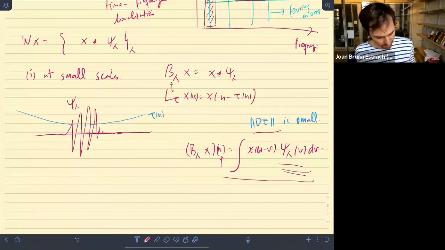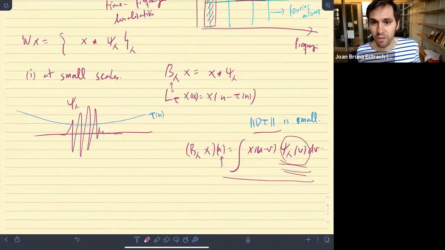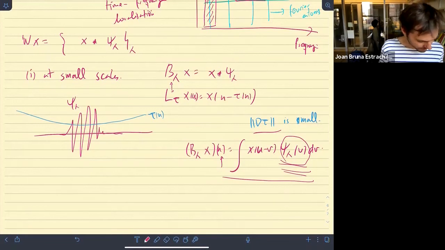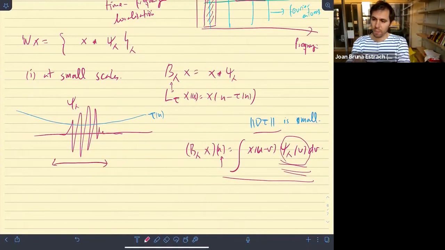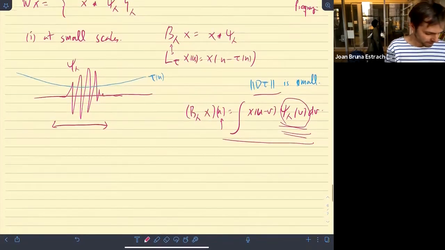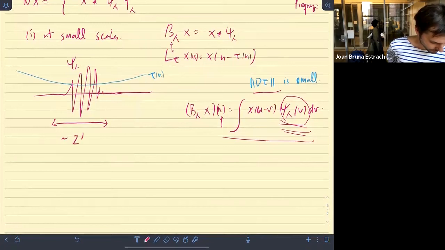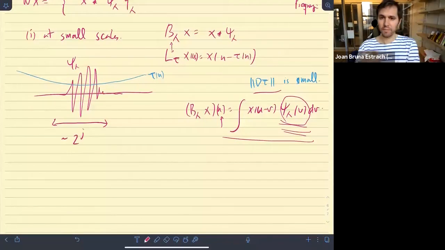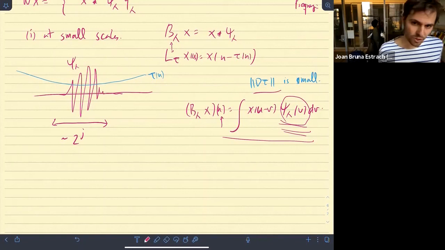Because you can see that this integral, it's only going to matter in the locations where this wavelet has some energy, right? So in that case, all the action happens in this region, right? So what happens in this region, right? And you know that this region, like this interval, is proportional to 2 to the j, right? So the spatial support of the wavelet is proportional to the scale in which I'm dilating it, right? So it's proportional to 2 to the j.